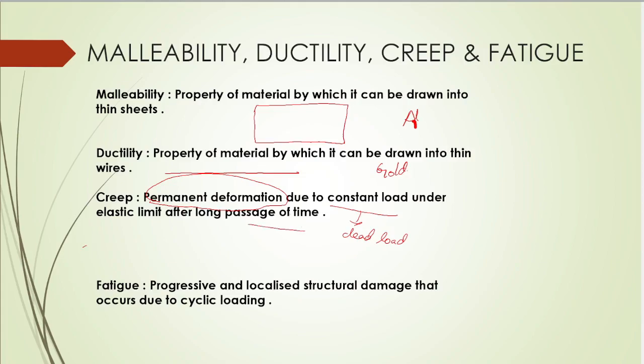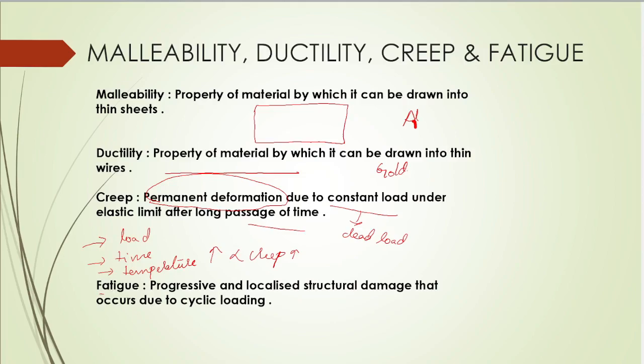Creep particularly depends on load, time and temperature. The more the temperature, the more the creep. That means at higher temperature, the creep will be more. At higher temperature, we have to consider creep also.